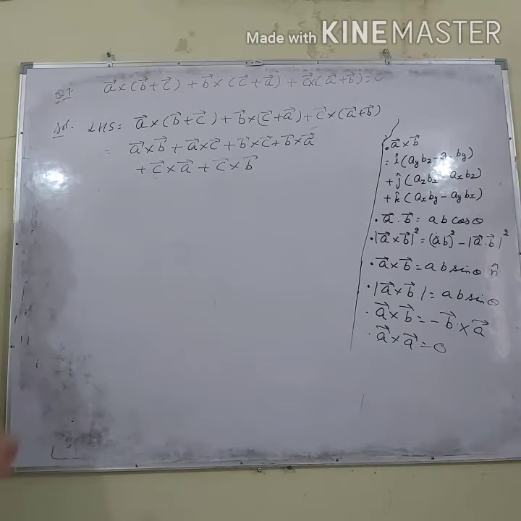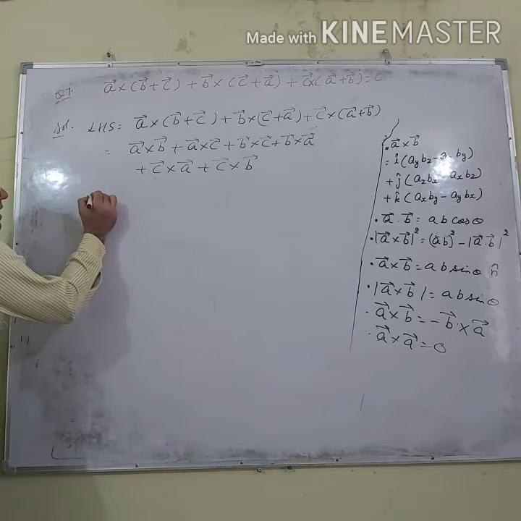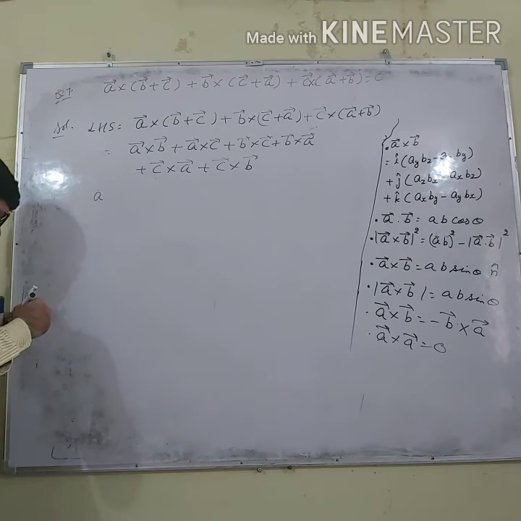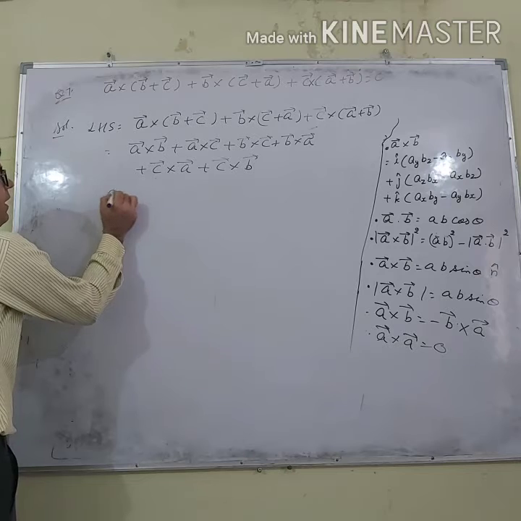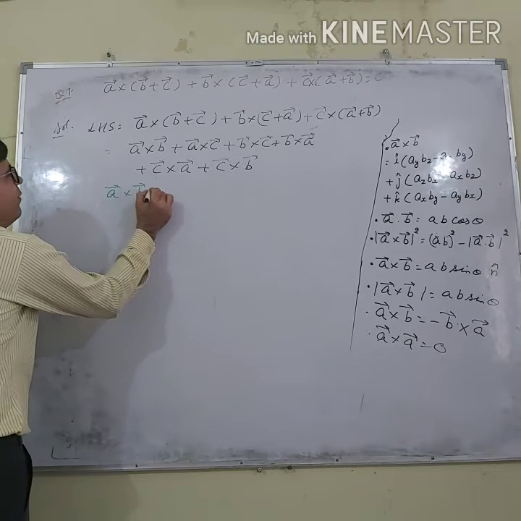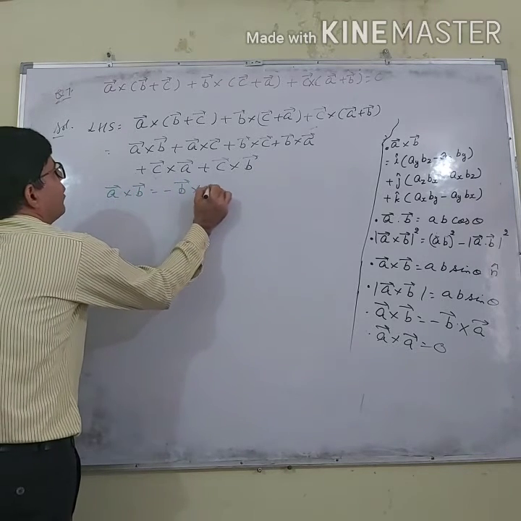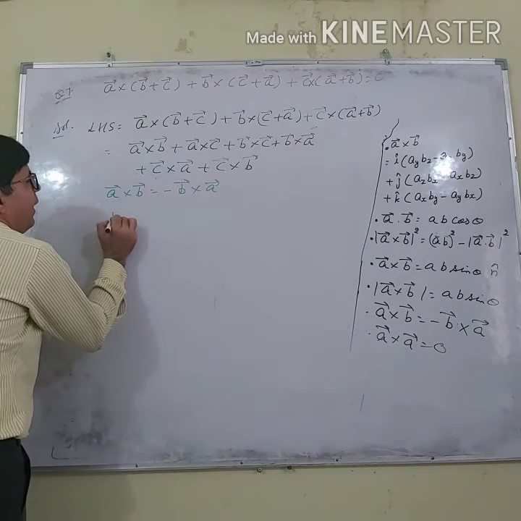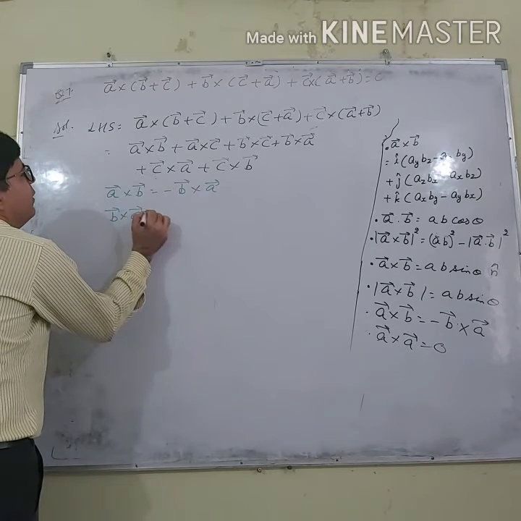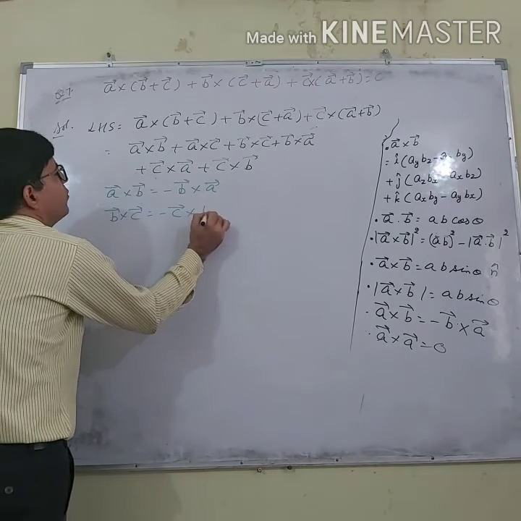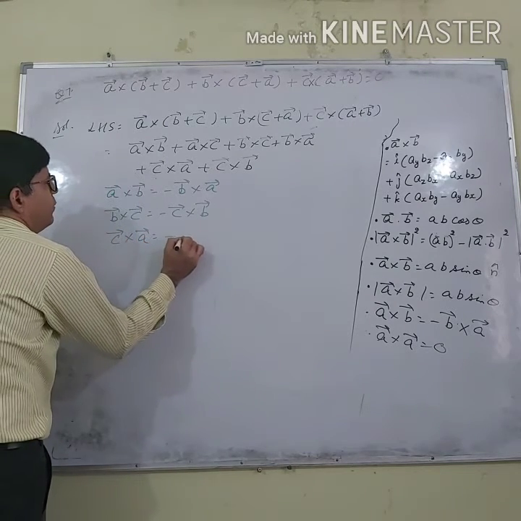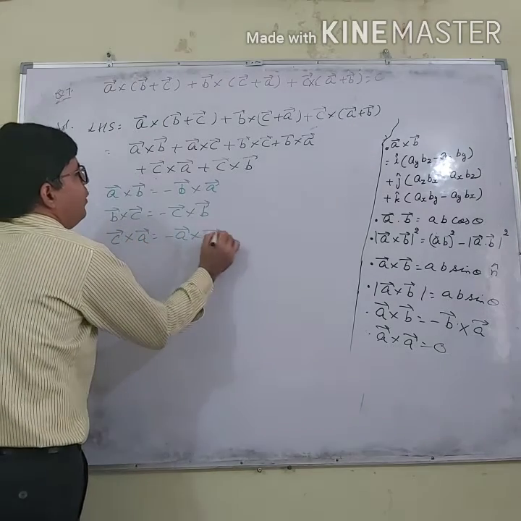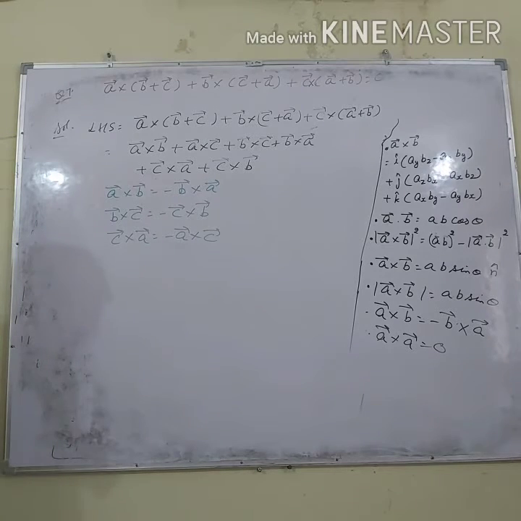Now very simple. All of you know that a cross b equals minus b cross a, and b cross c is equal to minus c cross b, and c cross a equals minus a cross c, because cross product is anti-commutative.